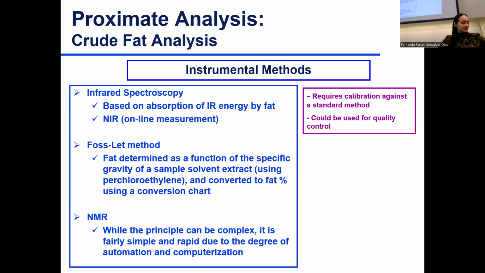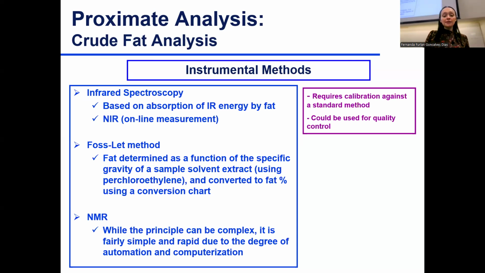And the last part, okay, 5 minutes. Instrumental methods. Infrared spectroscopy is based on absorption of infrared energy by the fat. You usually need a calibration. People that do this have very high throughput data, but you need a calibration from usually gas chromatography, flame ionization, to actually feed your infrared.